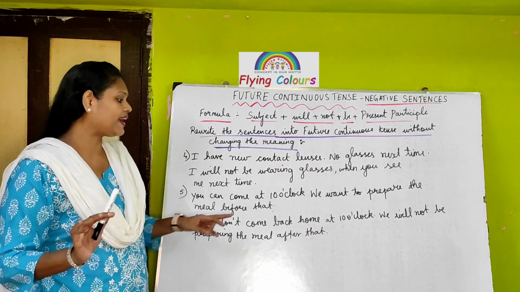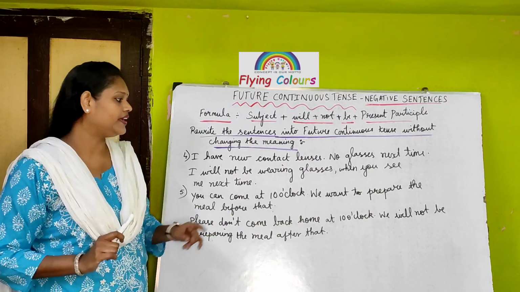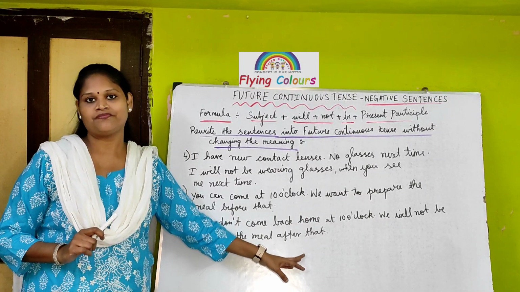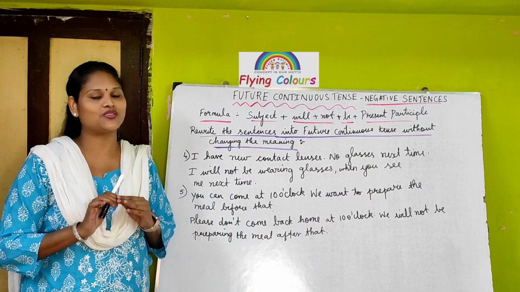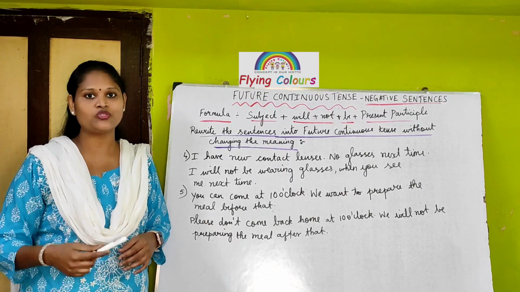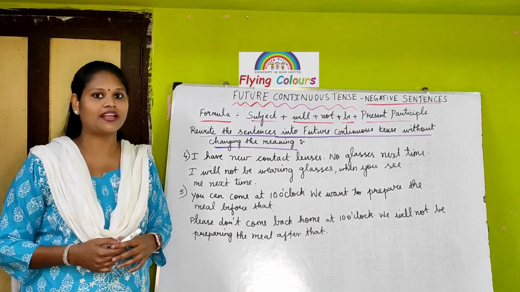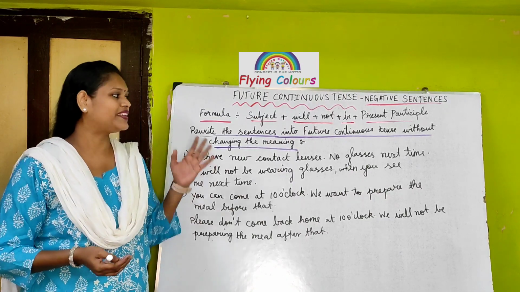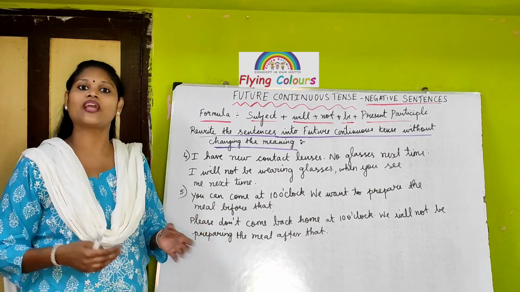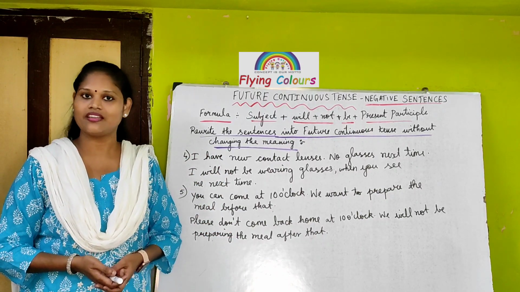Please don't come back home at 10 o'clock. We will not be preparing the meal after that, right? The meaning is not yet changed, but I have written the sentence in future continuous tense negative, right? These are all some examples, but in your academic syllabus, they won't ask like this. These sentences you can learn for your conversations, right?